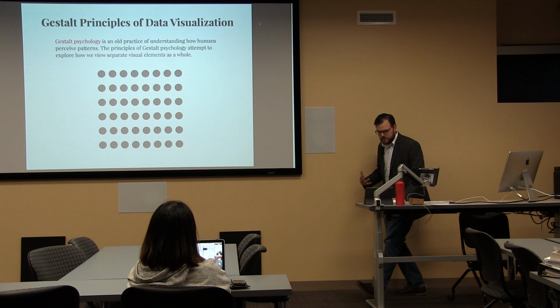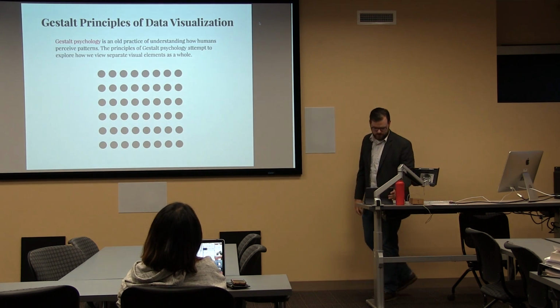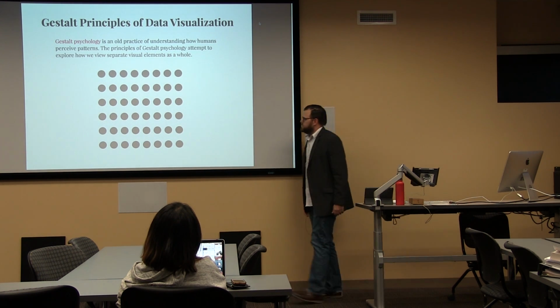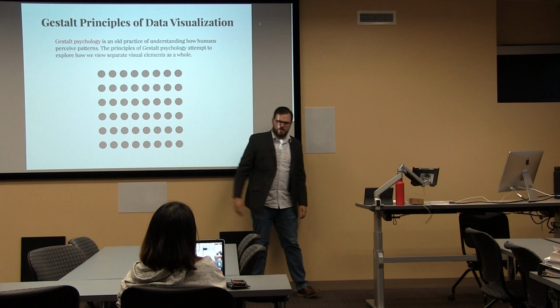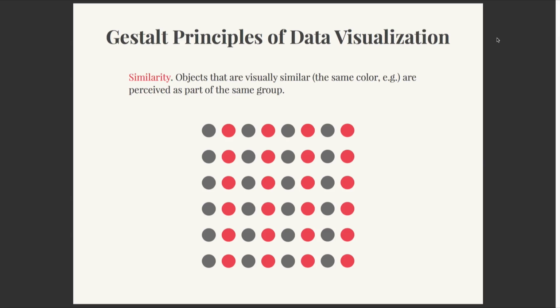So these Gestalt principles are both pragmatic and practical for data visualization. As an example, let's imagine that these dots up here are data points of some kind, okay? The first principle we can talk about is what's called similarity. These are elements that have shared visual properties that we automatically consider part of the same group, right?